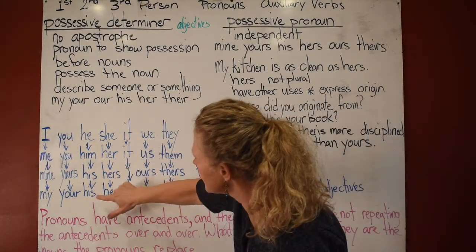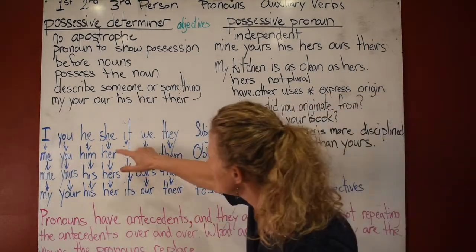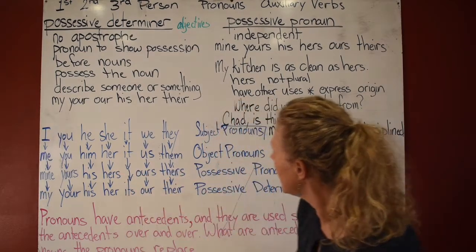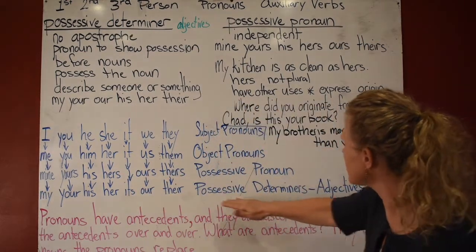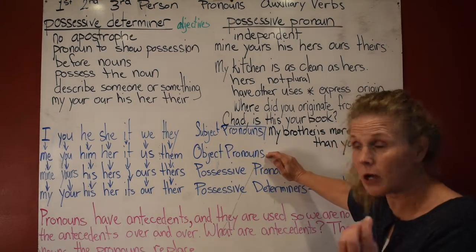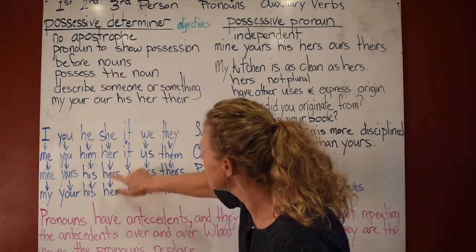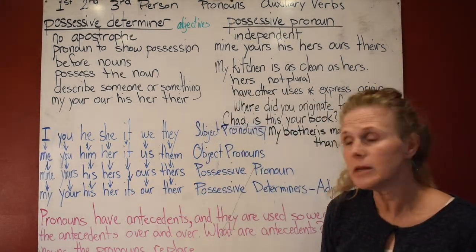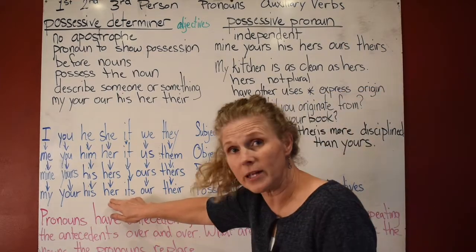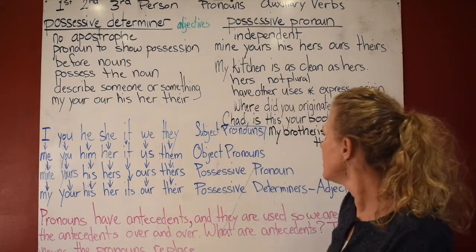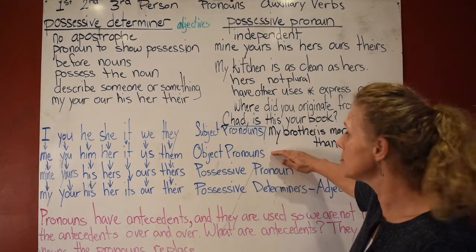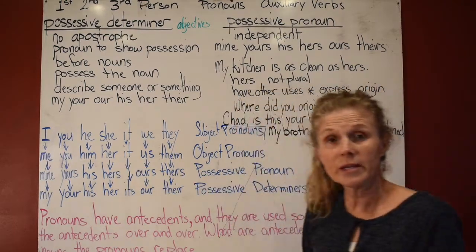He, him, his. She, her, hers, and her. See, look at this. This possessive determiner can be an object pronoun. See, like there? How confusing is that? But if this is sitting in front, then you know it's an adjective. If it's sitting in an object position, then you know it's a pronoun.